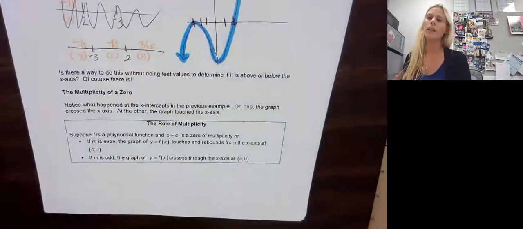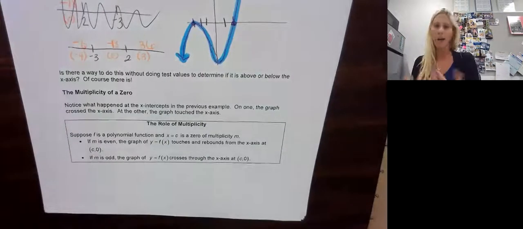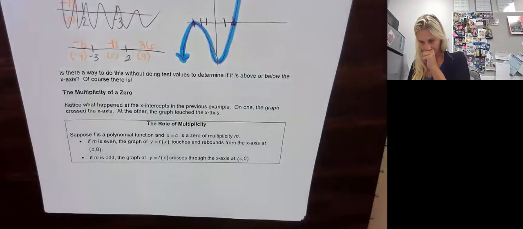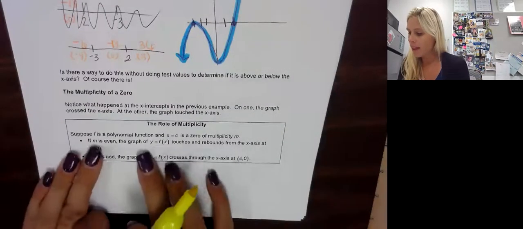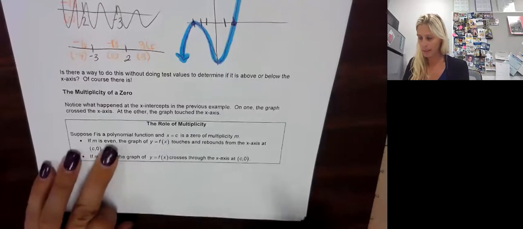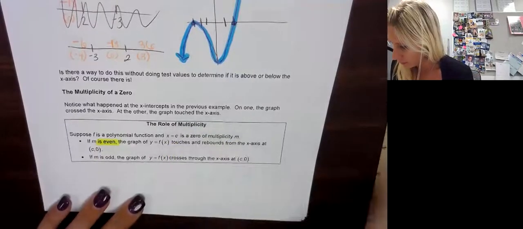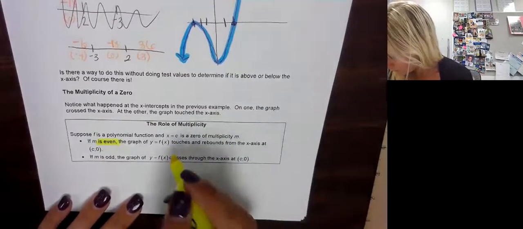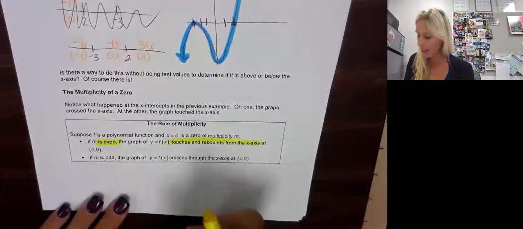Is there a way in our function to distinguish this without evaluating every time? Yes, there is. If the exponent is even, then it touches and rebounds from where it was. If it's odd, then it crosses.